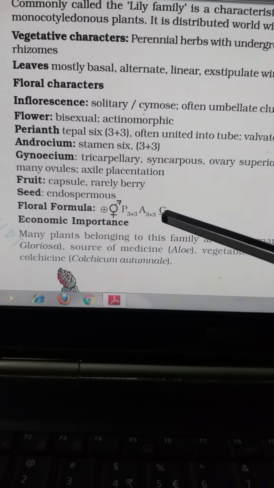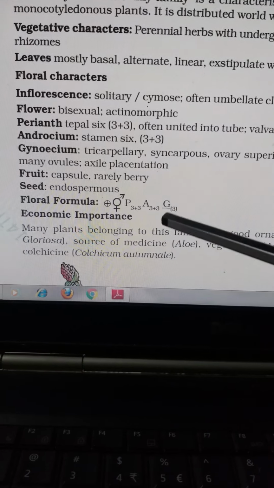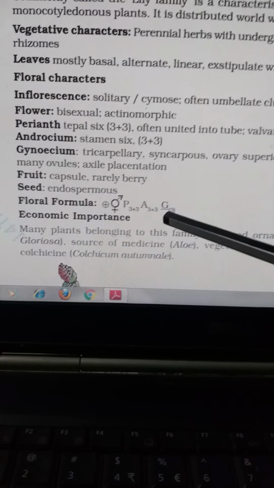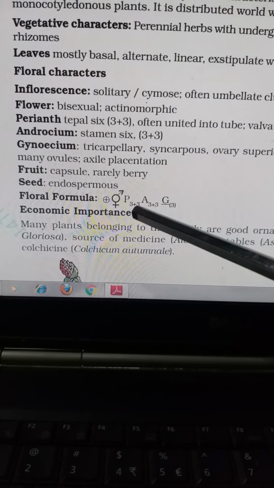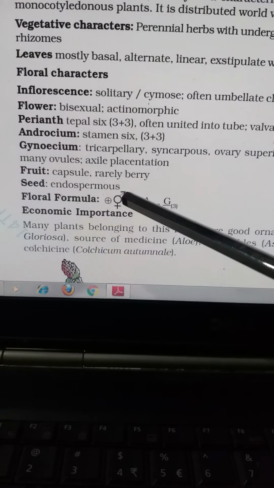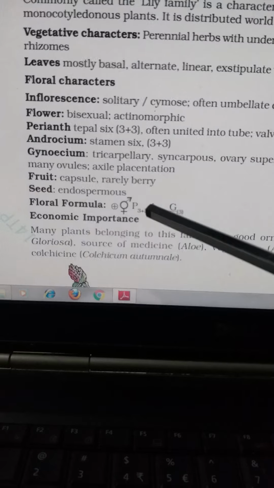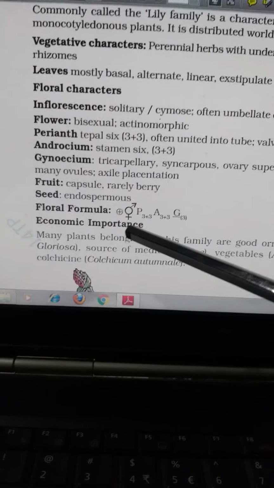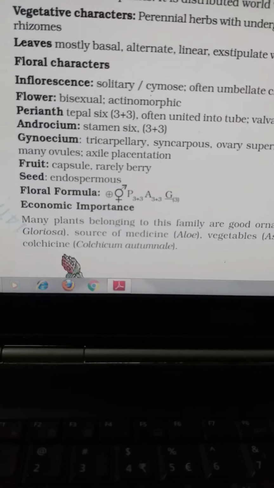The gynoecium is superior, so it's underlined here, and it is 3 in subscript in the bracket. That means it is trilocular. So again this is the formula. Plus, P 3 plus 3, A again 3 plus 3, and G underlined, and here you see the P and A don't have a superscript. That means they are free.